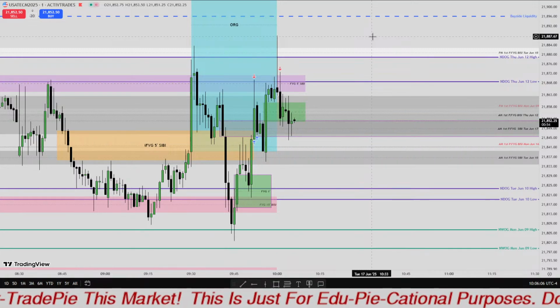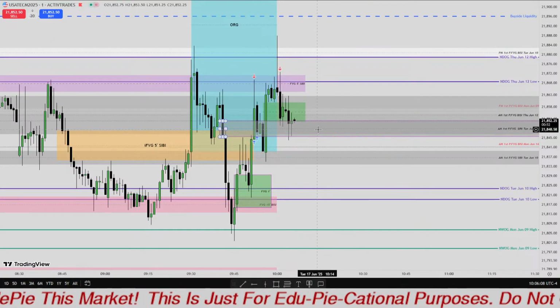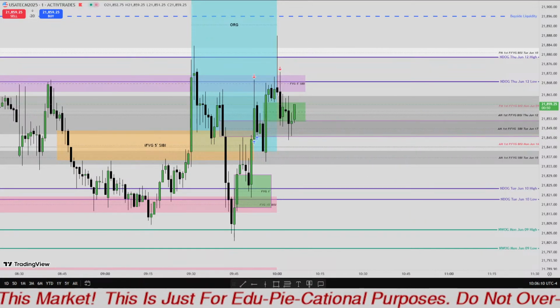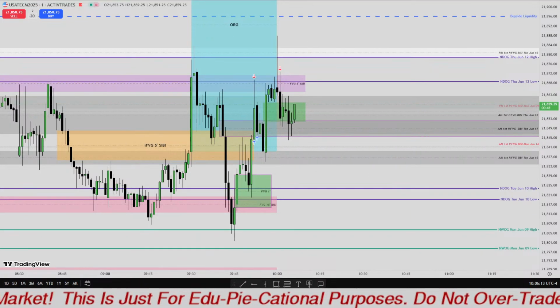So far the market is respecting the first presented fair value gap over here, and now started rallying higher once again.